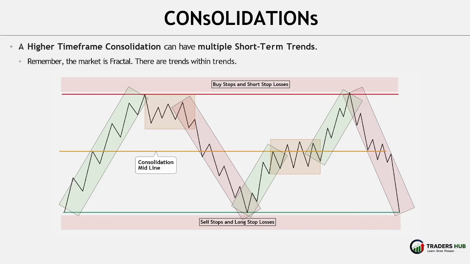And on a higher time frame, consolidation can have multiple short-term trends. Okay, remember the market is fractal. There are trends within a trend. So you can see that price has moved bullishly when it got to this area, consolidated, did nothing.